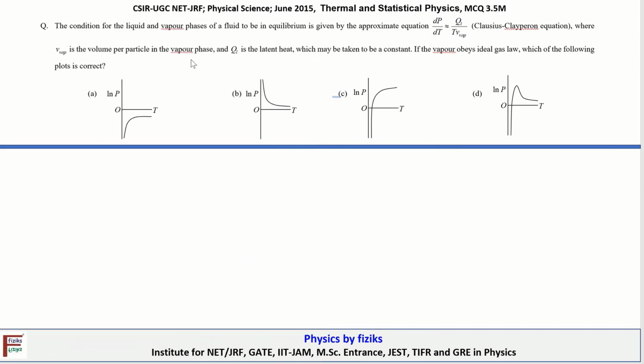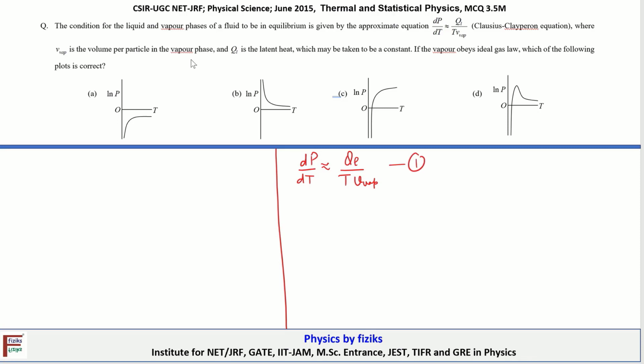The condition for liquid and vapor phases of a liquid to be in equilibrium is given by the approximate equation dp by dT equal to QL upon T times V vapor. That's basically the classic Clapeyron equation.